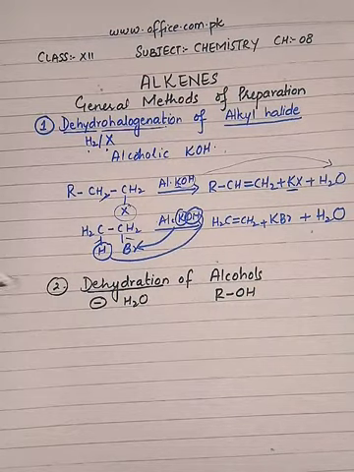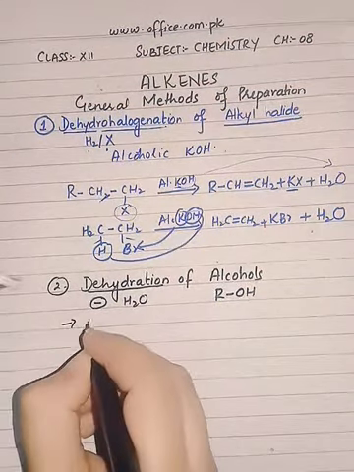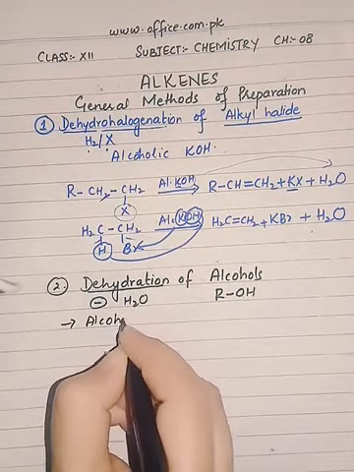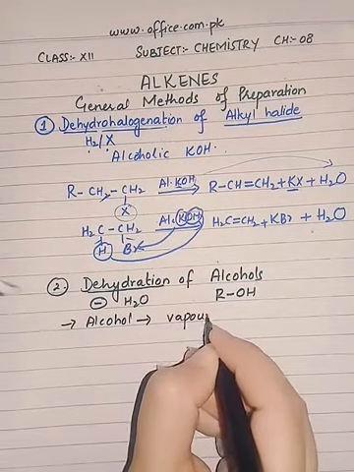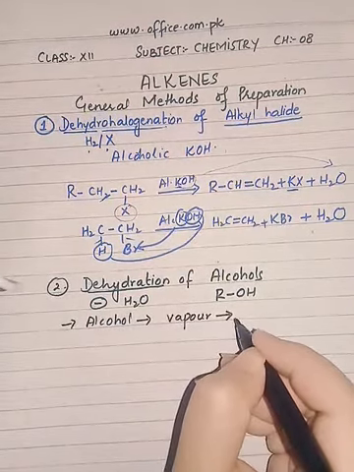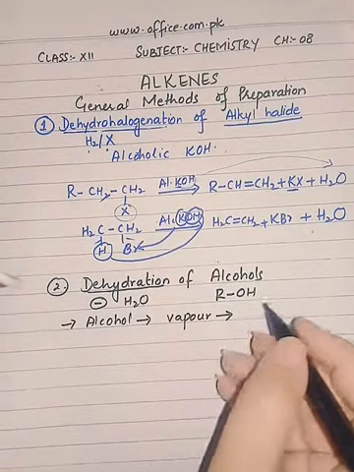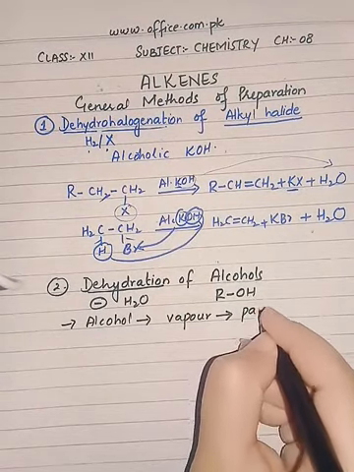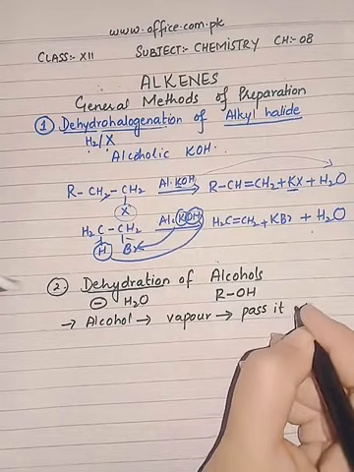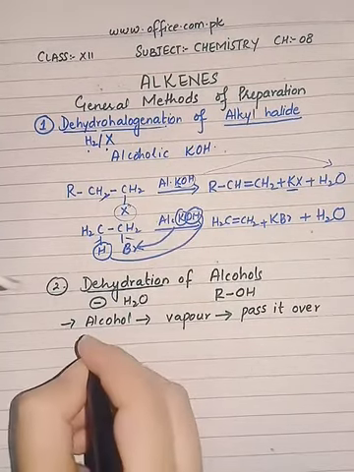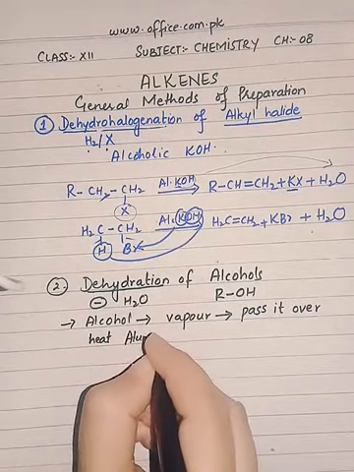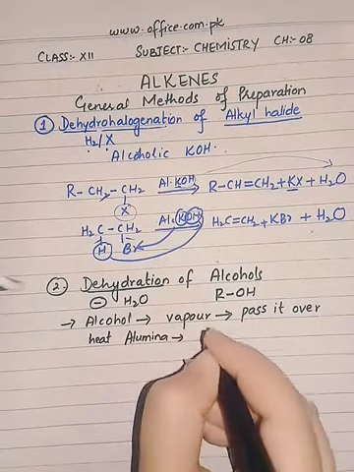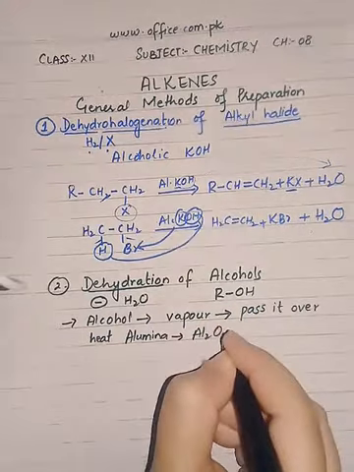So the best procedure is to pass the vapors of alcohol. First of all, we will convert alcohol into vapor form, and then we will pass it over heated alumina, or you can say aluminium oxide.